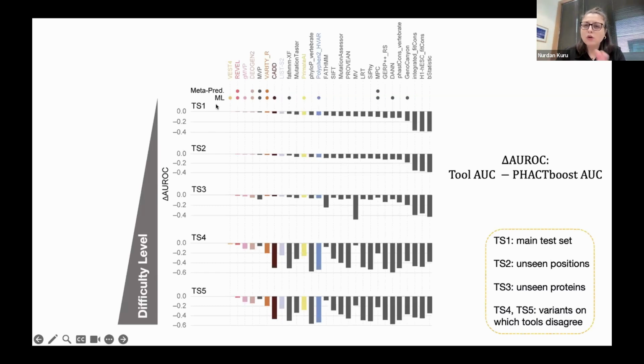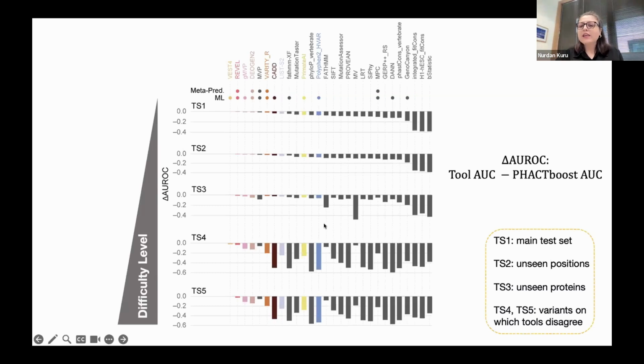So TS1 includes all the variations. TS2 includes just unseen positions, which means if a position, not the variant, is included in the training set, we remove all variants at that position from the test set.